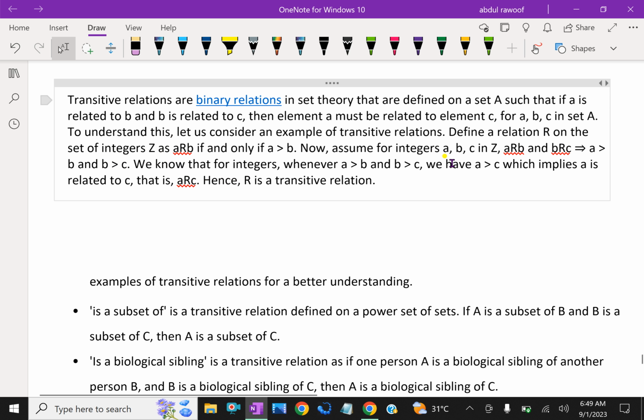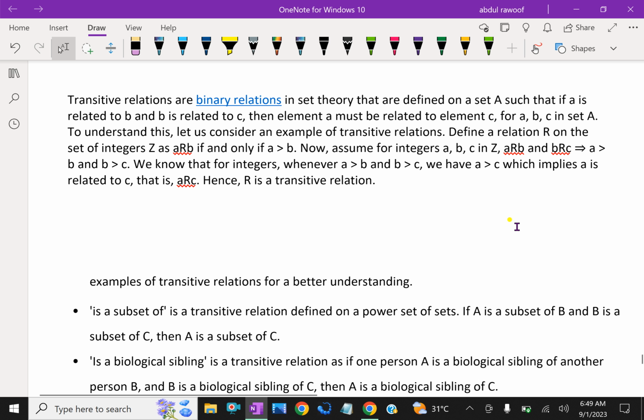Now assume three integers A, B, C in Z. If A relates to B and B relates to C, then A is greater than B and B is greater than C, so A is greater than C.